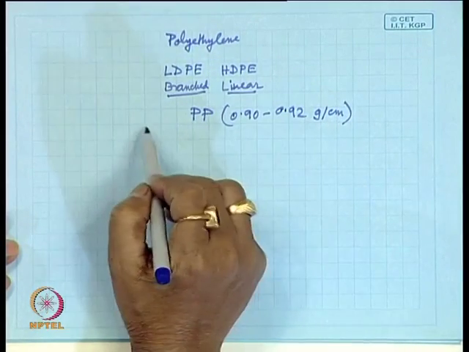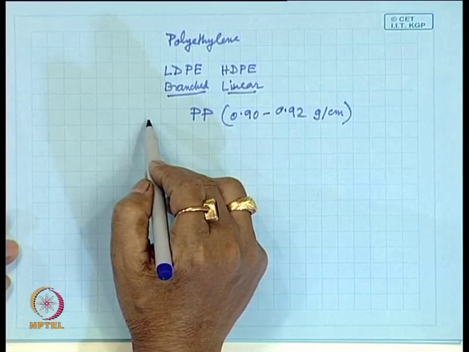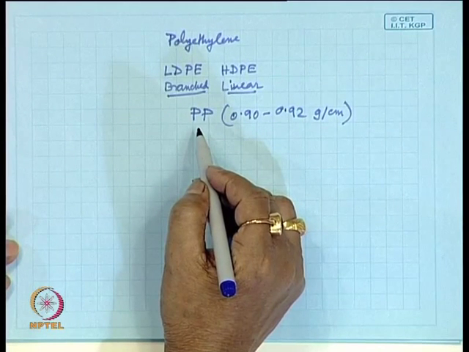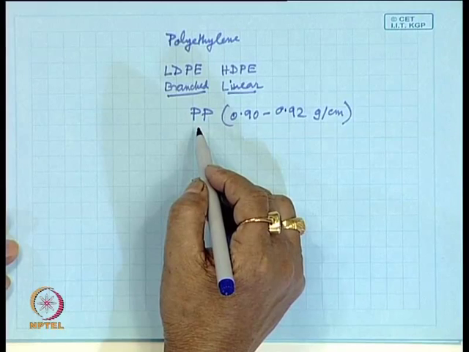Why? A methyl group is there, and some short branches are also produced. So, that makes this polymer provide the lowest density, the lightest polymer, although a very strong polymer.